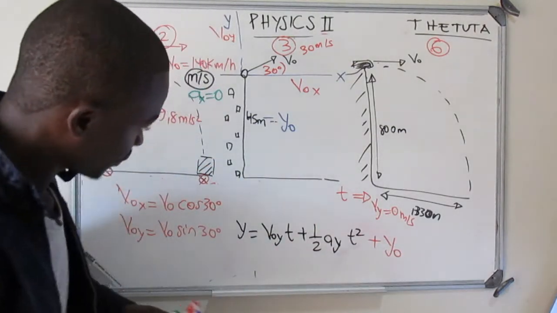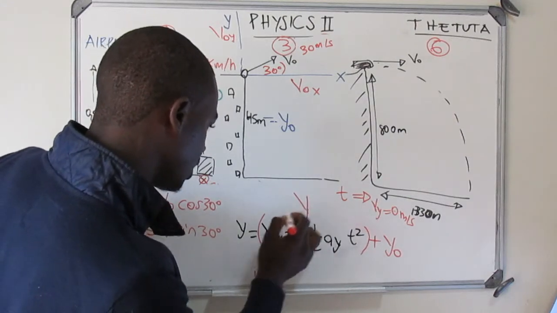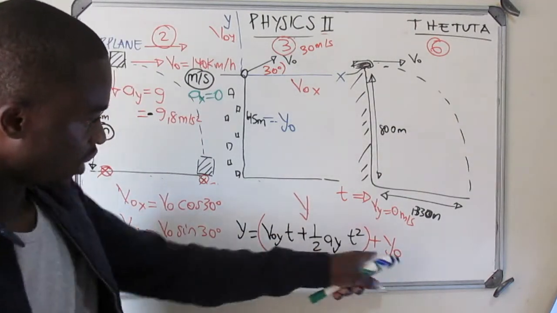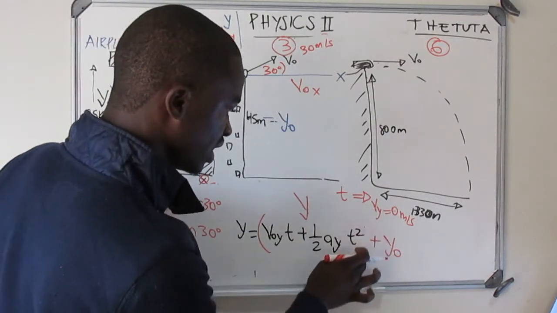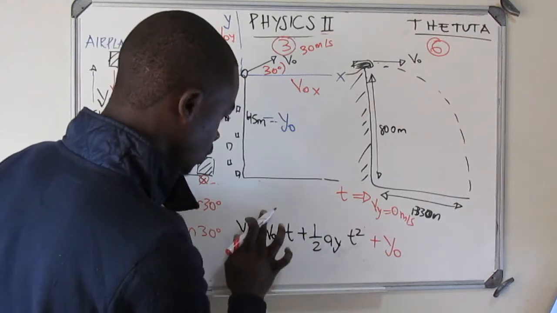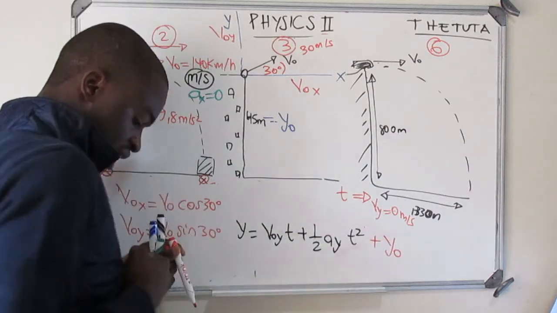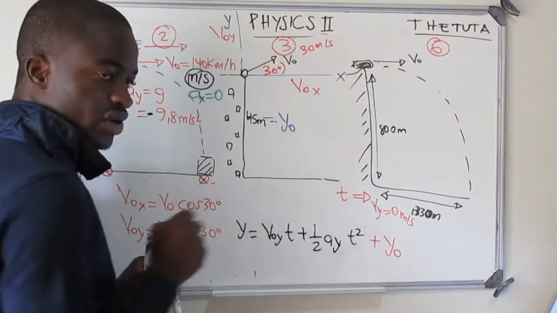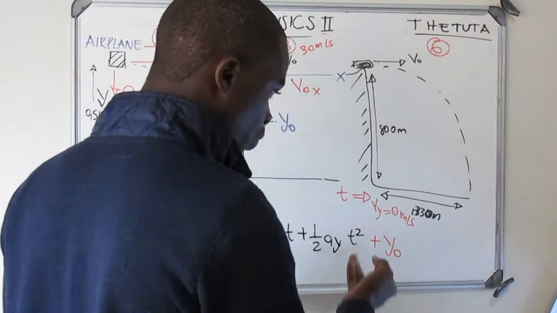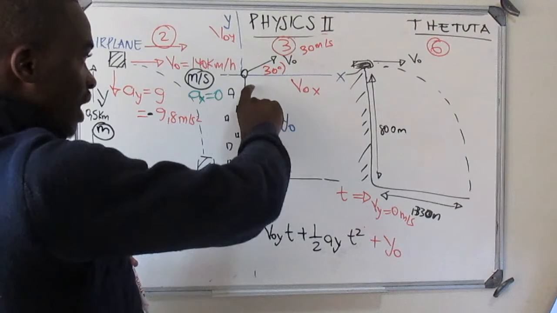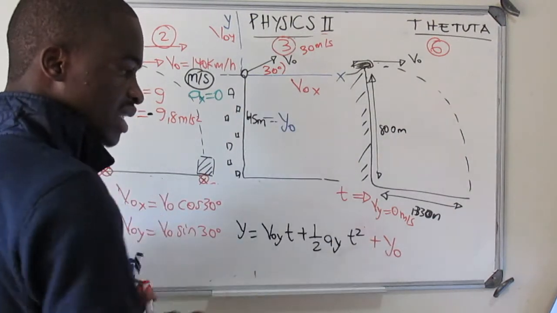This one is the final y, but I was already given an initial height. So I must add the initial y to it, so that I know that I start from the initial y. So every time you are given the initial height, from when you are throwing a stone, you must consider it and add it into your equation.